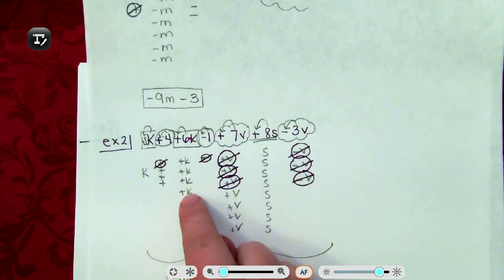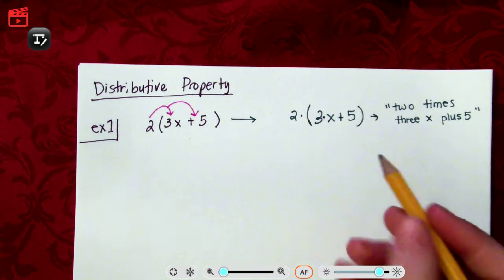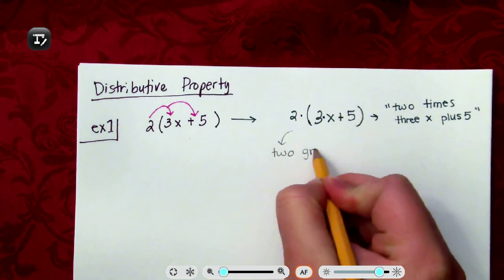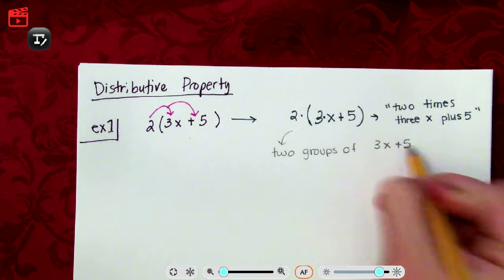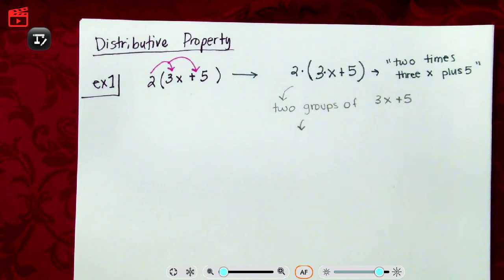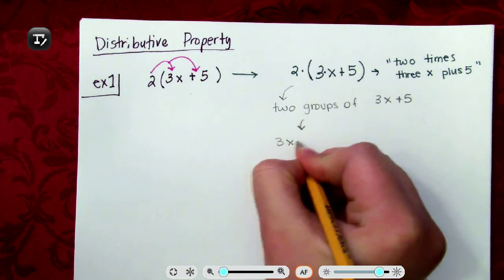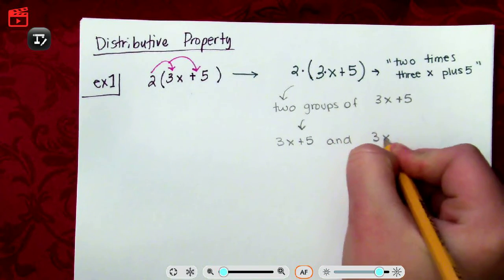So 1, 2, 3, 4, 5, 6. Similarly, we're going to translate this to say I have 2 groups of 3x plus 5. So what that means is, since I have 2 groups of 3x plus 5, that means I have 3x plus 5 and I have 3x plus 5.